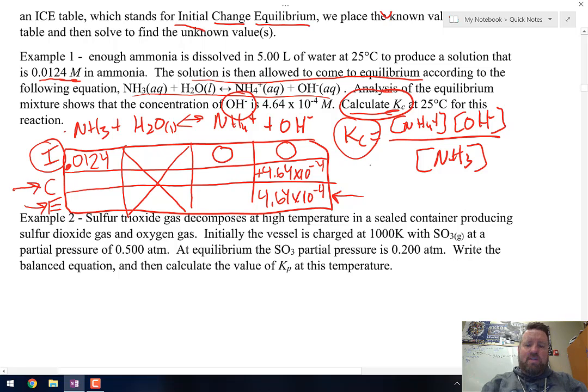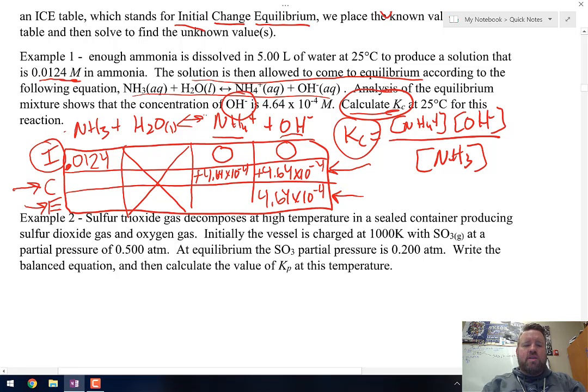Now, this change line right here is the only time that you can use stoichiometry to go from one thing to something else. Because we know that for every one NH4 plus, we got one OH minus. So if OH minus went up by 4.64 times 10 to the minus fourth, then NH4 plus had to have done the same thing. So 4.64 times 10 to the minus fourth.